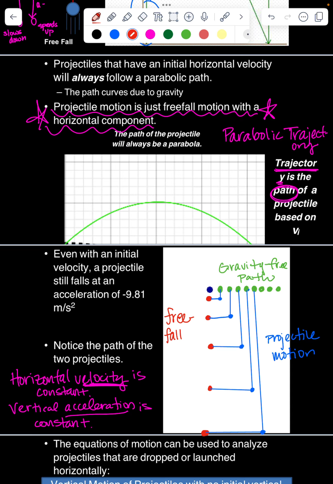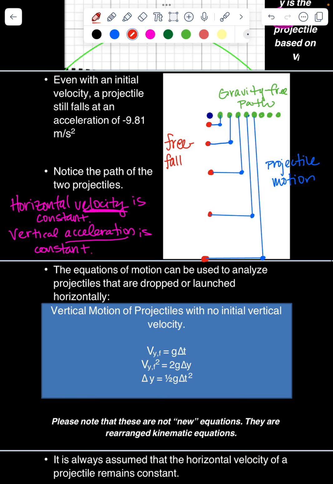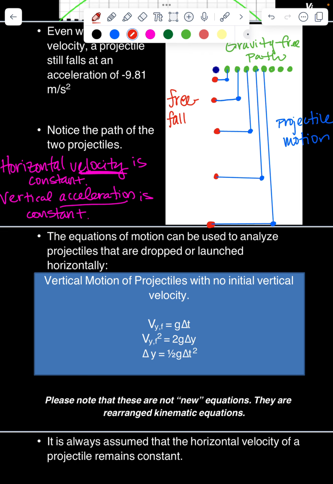There we go. So we have new-ish equations. These are not new equations. We have taken our kinematics equations and we have repurposed them. We have made them more specific for vertical motion. We are using these whenever we drop or launch something horizontally.